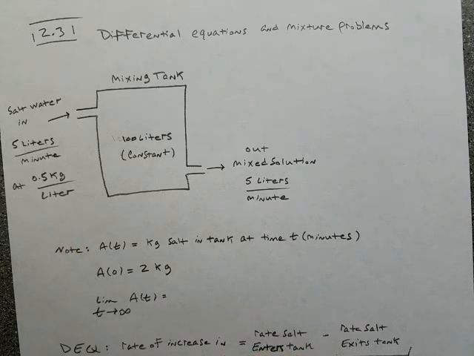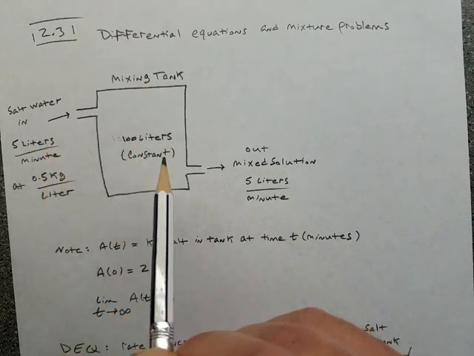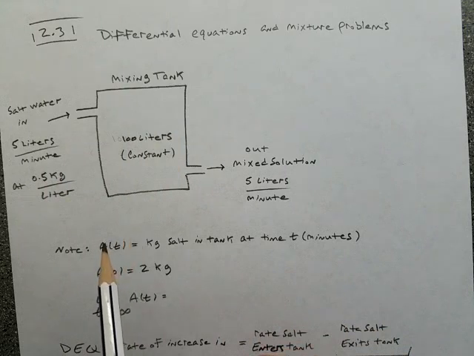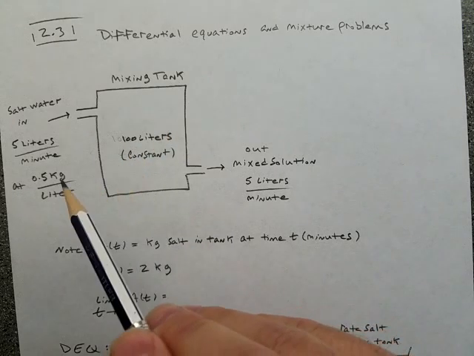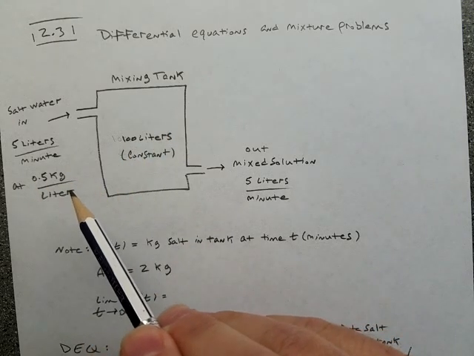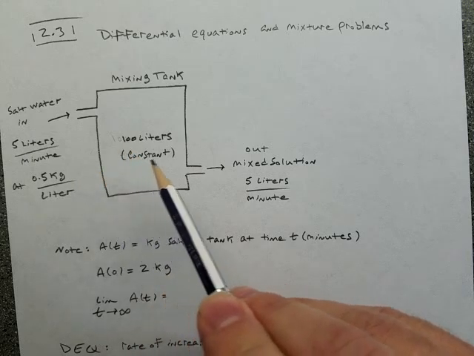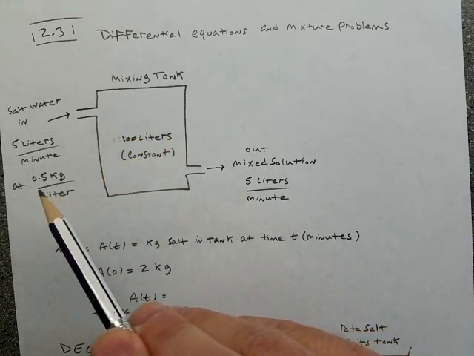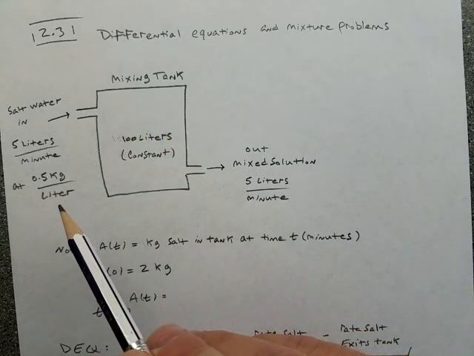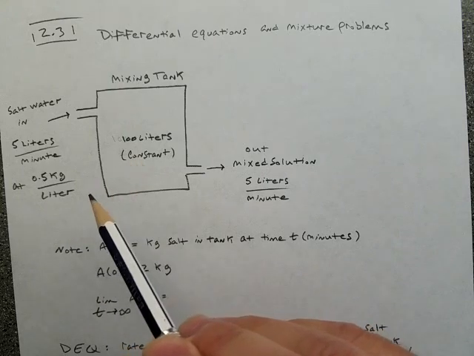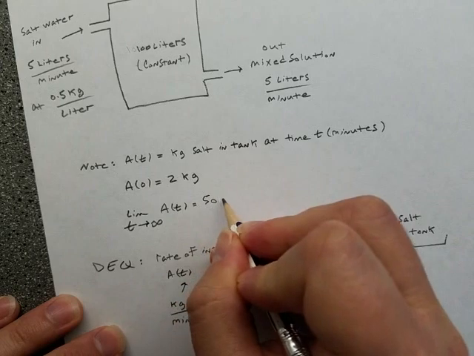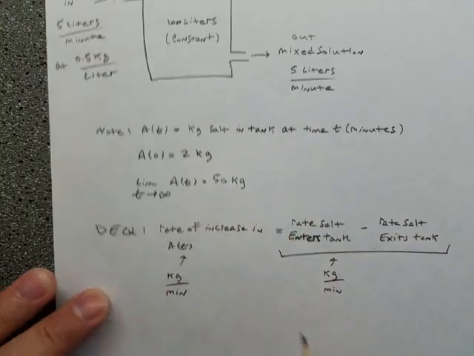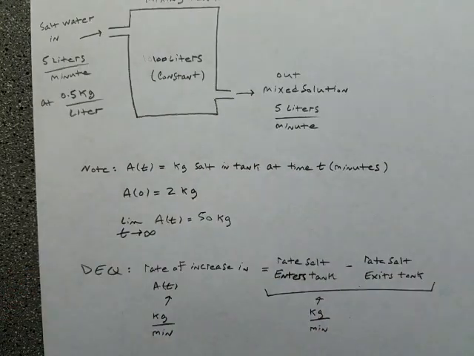Okay, so if this is what goes in there forever, then eventually you'll have 100 liters at this concentration. All right, so say you have 100 liters and there's half a kilogram of salt per liter. Well, that's going to be 50 kilograms eventually.